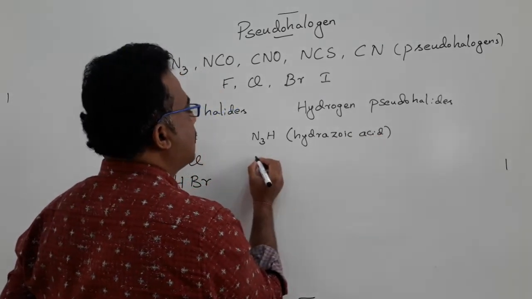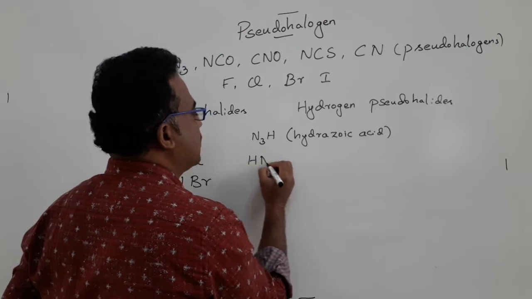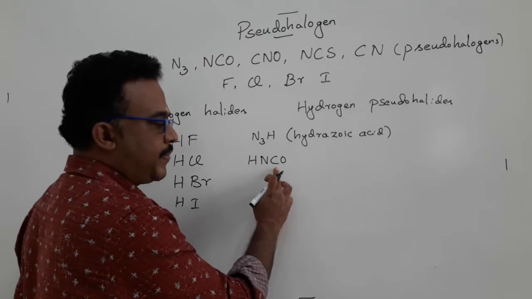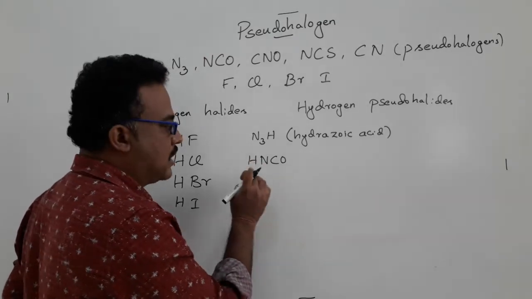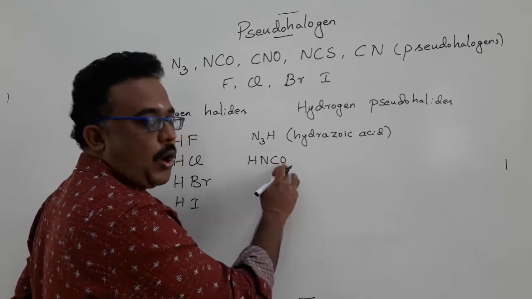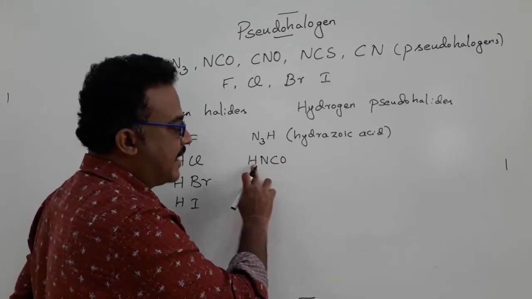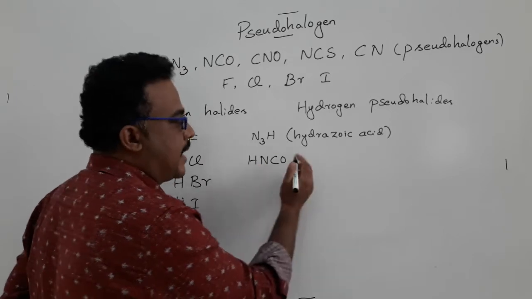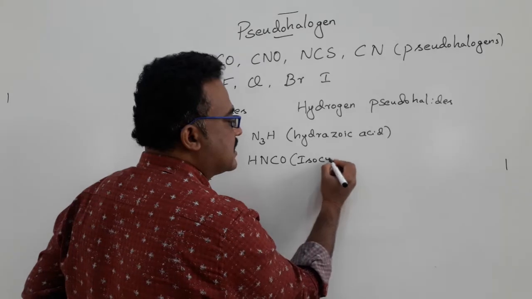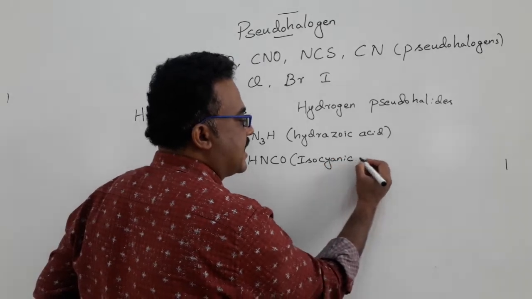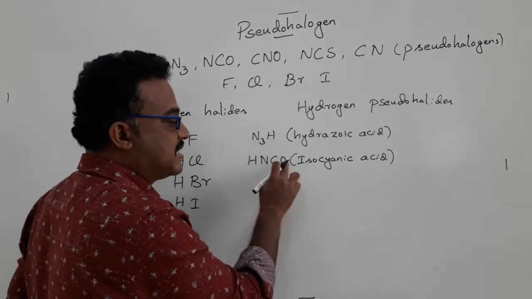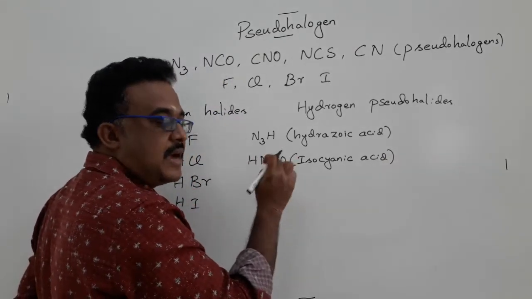Next one is HNCO. When we come to HNCO, we have to make sure whether the hydrogen is attached to nitrogen or oxygen. If attached to nitrogen, it is called isocyanic acid. If attached to oxygen, it is a different compound.